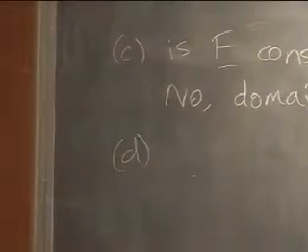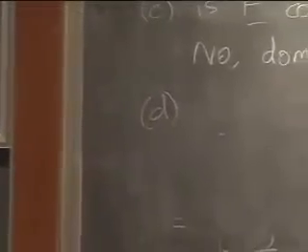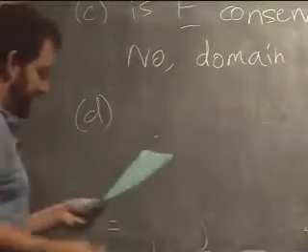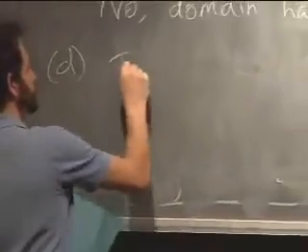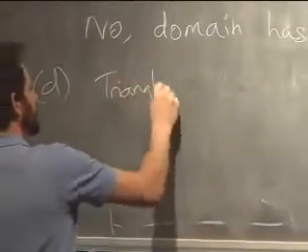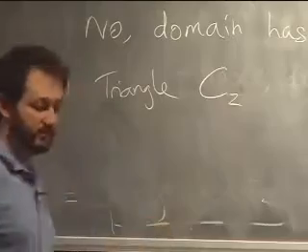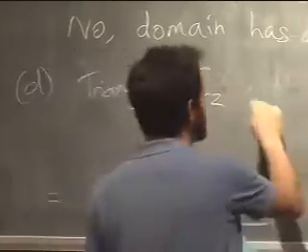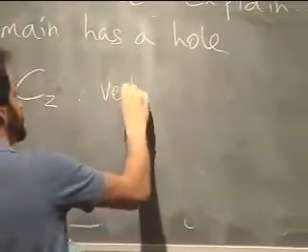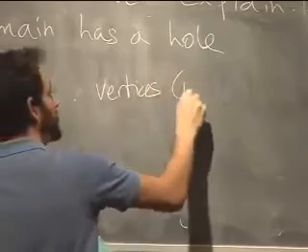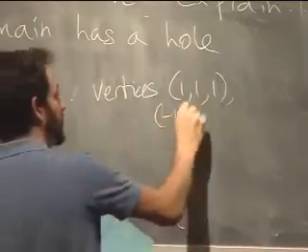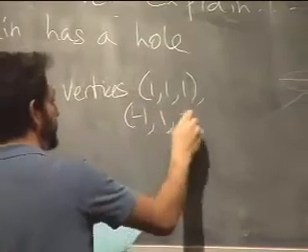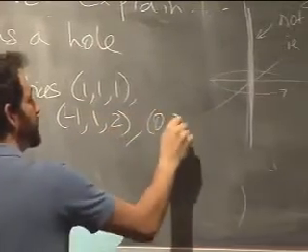On the other hand, part D says this. You have a triangle. Consider the triangle, I'm going to call it C2, and it has vertices (1, 1, 1), (-1, 1, 2), and (0, 2, 3) in space.